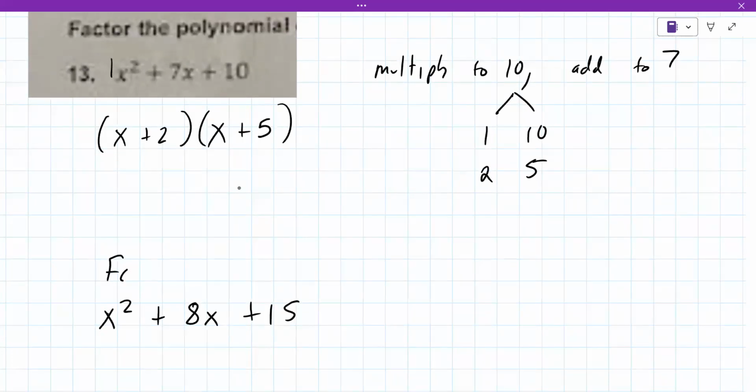I'd like you to do the same thing for this one to factor it, please. x plus 5 and x plus 3. Good. Okay. All right, great.